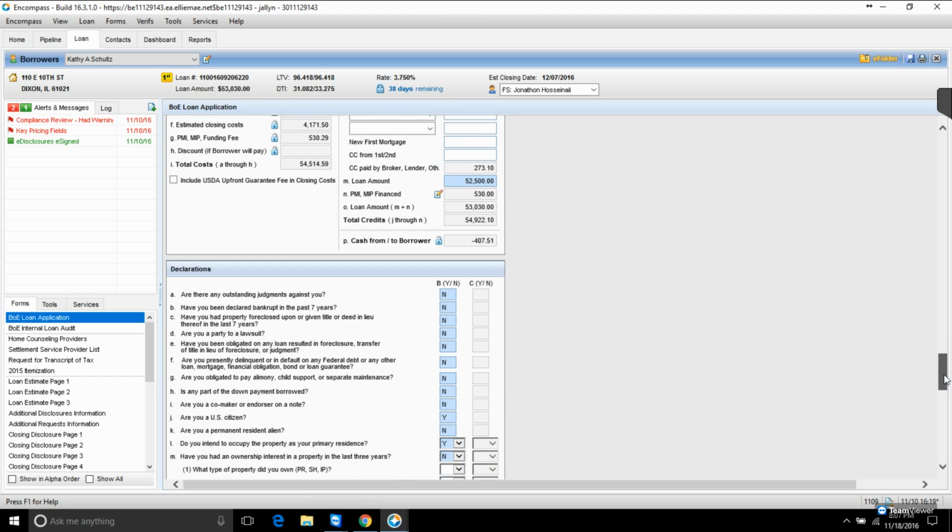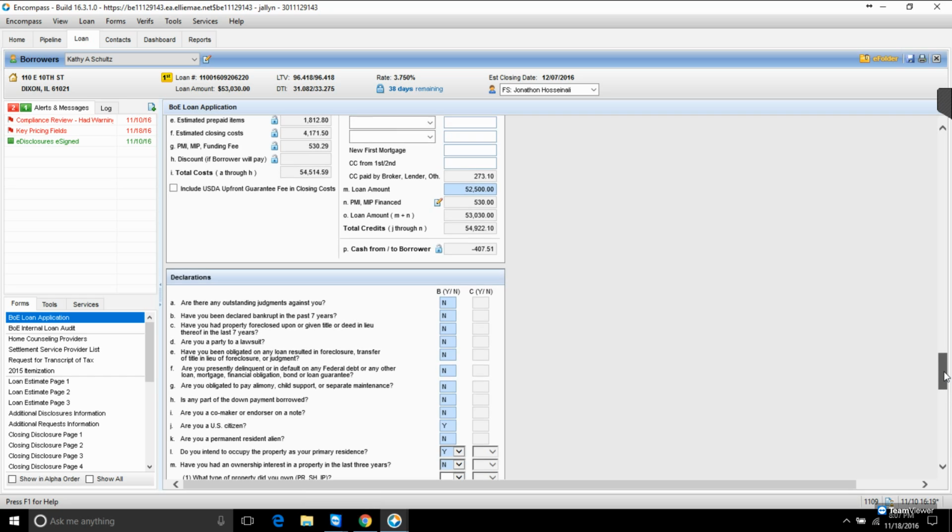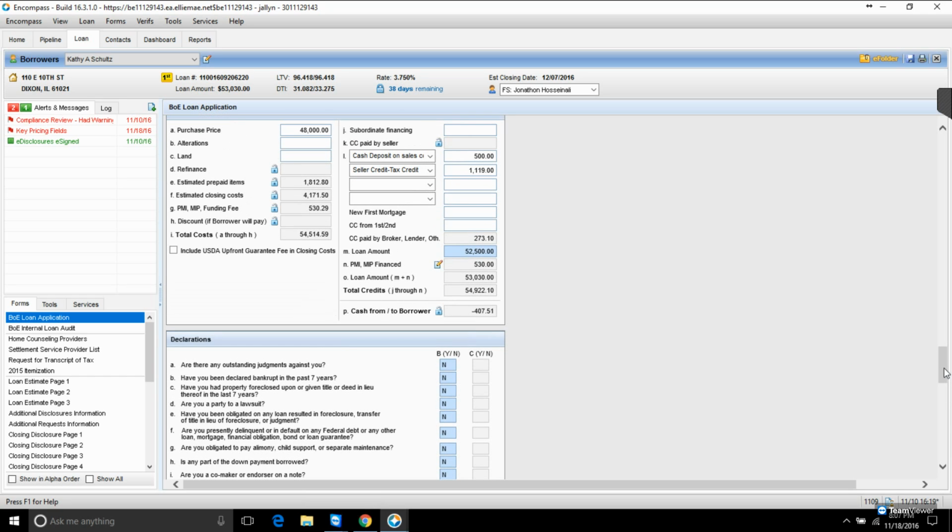So we did that. We increased the loan amount up. It took her cash to close to negative 400, and I leave a cushion. I don't ever get it to zero, because if you plan for your cash to close to be zero, it's probably going to be over, and we want to leave a little cushion. She could get up to $500 in cash back on this loan.